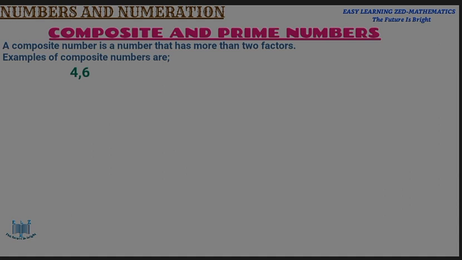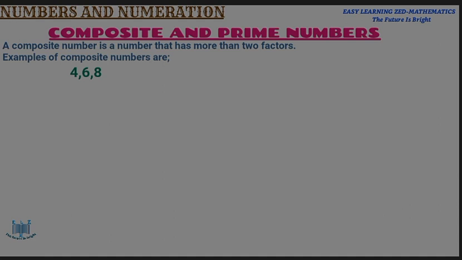6 is a composite number. It has got 4 factors, which are 1, 2, 3, and 6 itself. So there are more than 2. Then 8 as well has got factors which are more than 2. When you look at 8, we have got 1, 2, 4, and 8 itself.